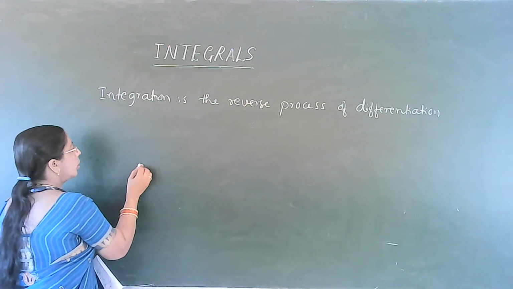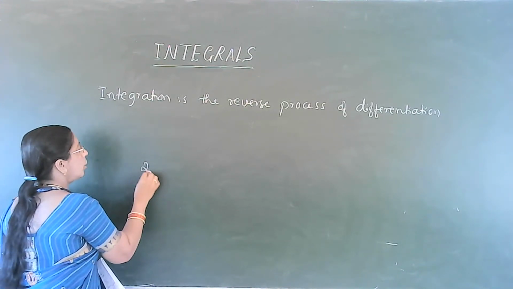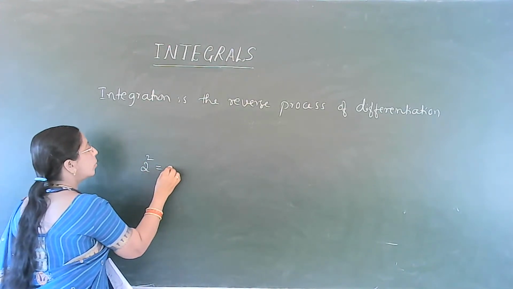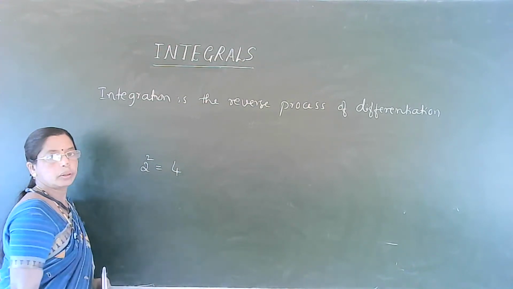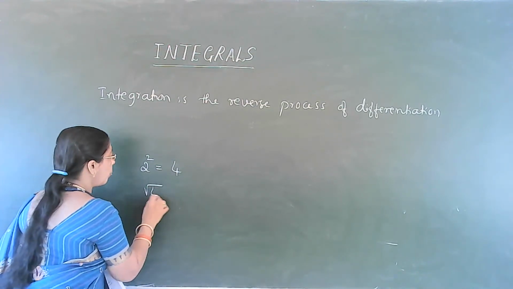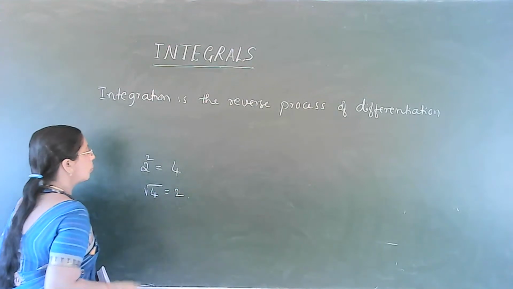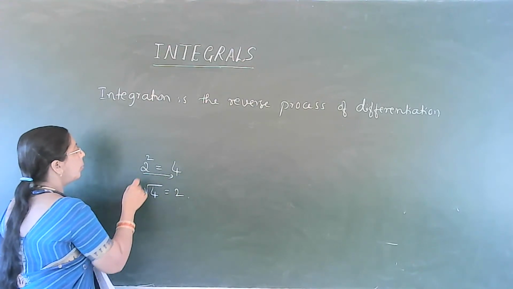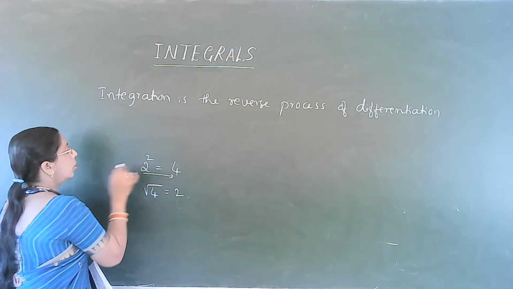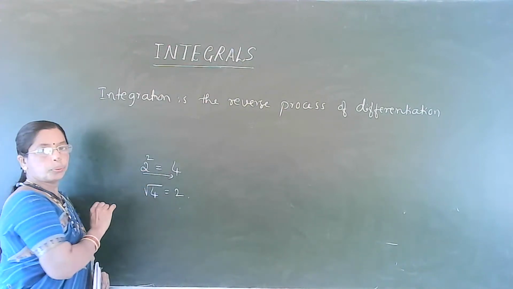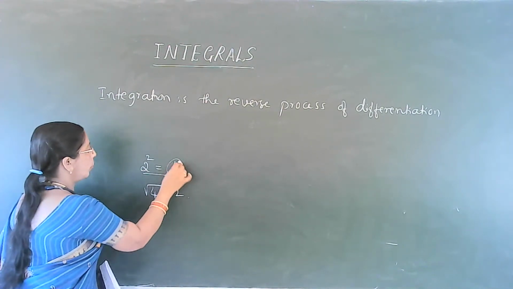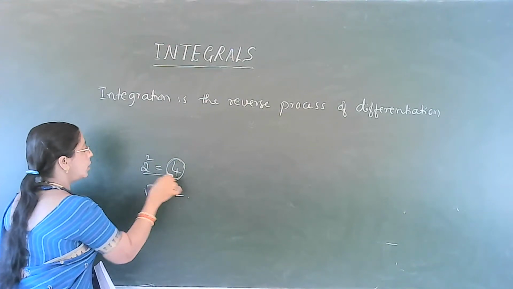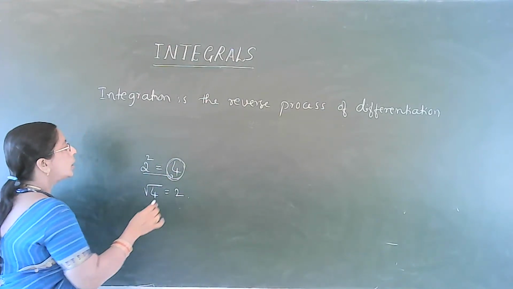What is a reverse process? You remember 2 squared is 4. Then the square root of 4 is 2. Here we find the square of the integer 2, which is 4. Then we find the square root, which is 2.